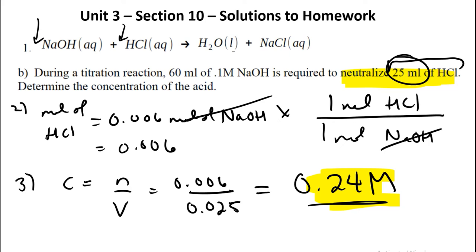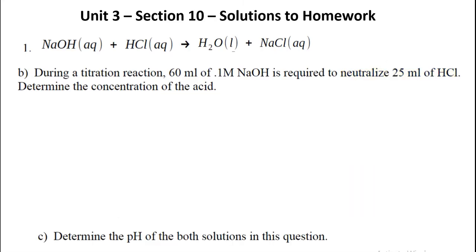Now what we need to do is we need to go ahead and we have to determine the pH of both solutions. Alright, so let's start with the pH of the base because it's given right here. I mean, our concentration is given right there.